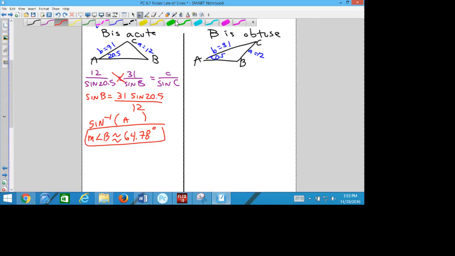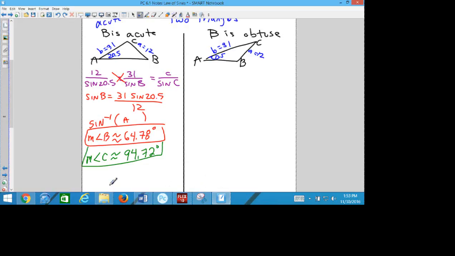So then from there we can find angle C. How do we find measure of angle C? 180 minus 20.5 minus 64.78. And you should get 94.72.